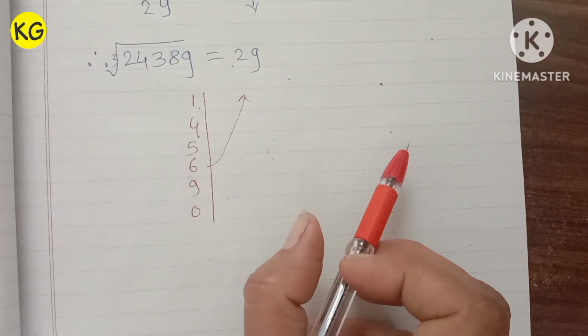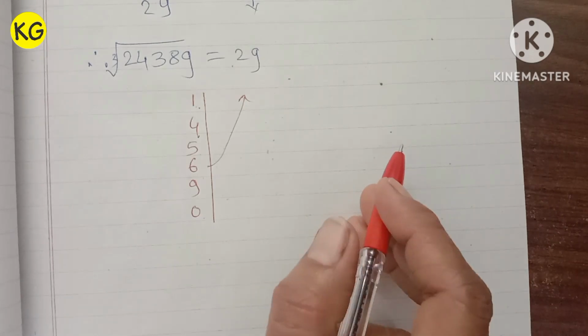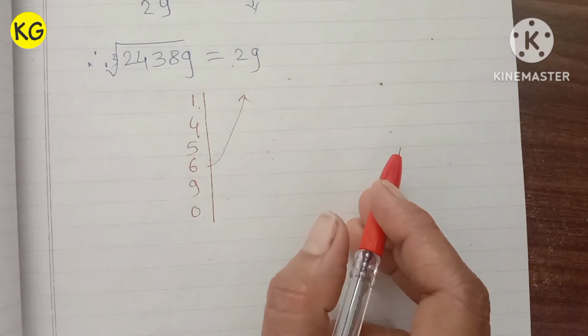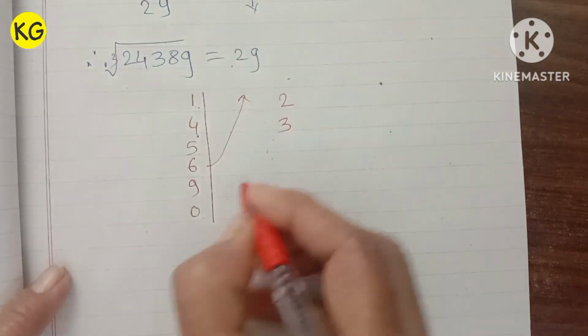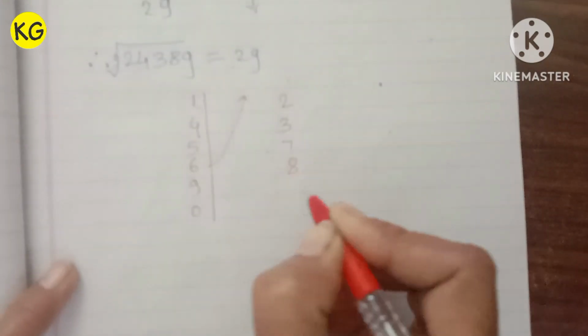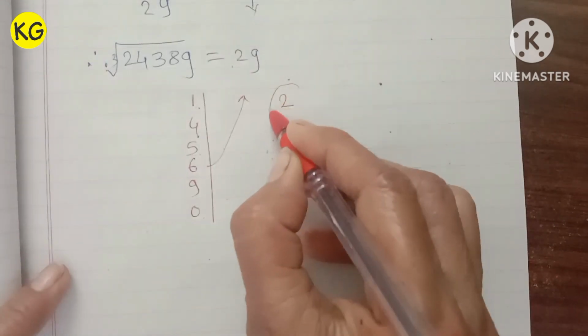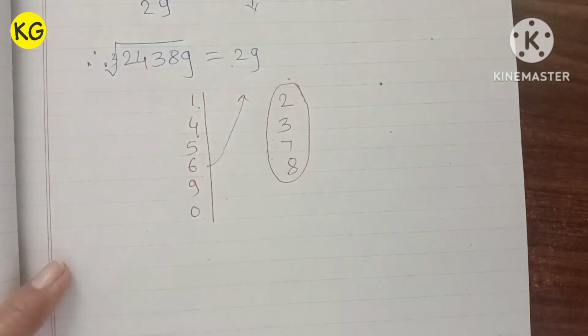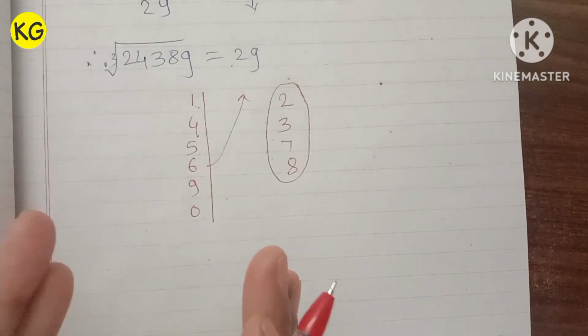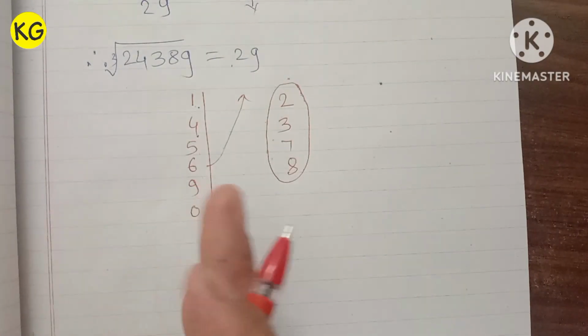Then how can we find the cube roots of the numbers ending with 2, 3, 7, 8? Because some perfect cube numbers also end with these digits. There is another method, but not so different.